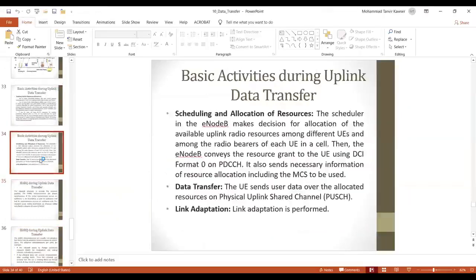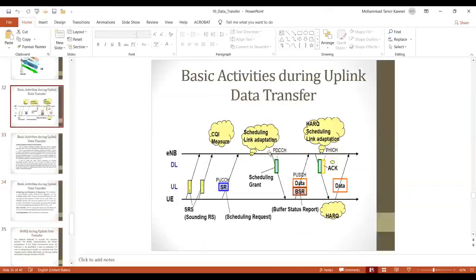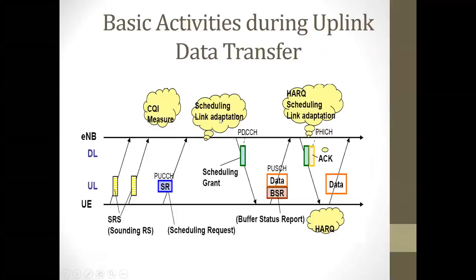You have PDCCH and then you transmit. If there's ACK or NAC, this ACK or NAC will be transmitted on PHICH, which lies in the control region. And if it is NAC, you again retransmit.